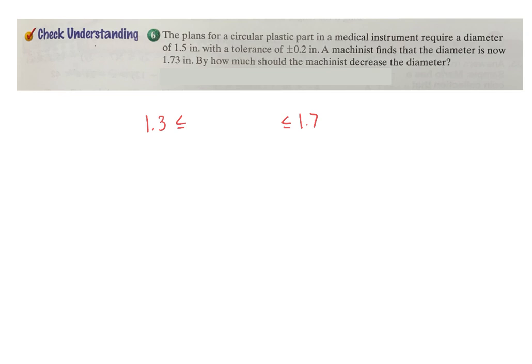The diameter is 1.73. So they have to subtract by some amount. And so when you did this, that's your setup, and you should have gotten at least 0.03 inches, but no more than 0.43 inches.